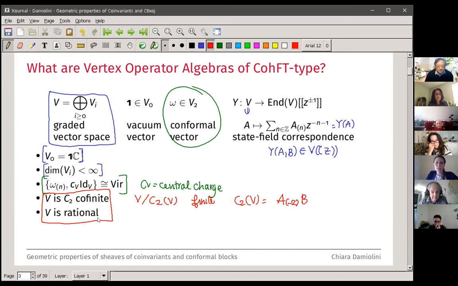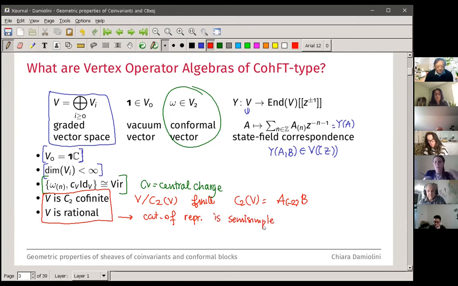And C2 cofiniteness is sort of an intrinsic condition, while the rationality condition has to do with the category of representations of V modules. So rational just means that the category of representations is semi-simple.